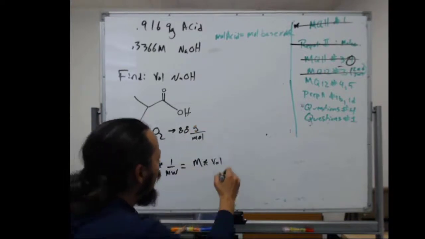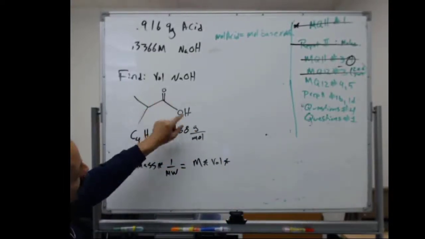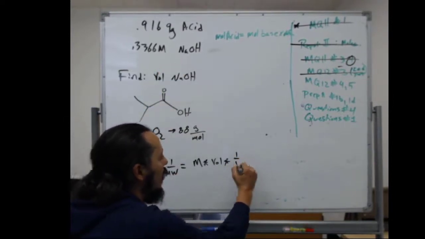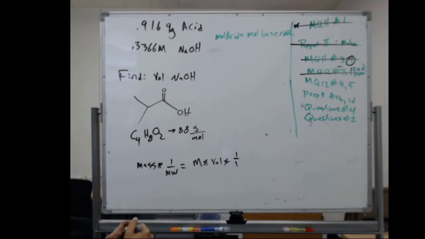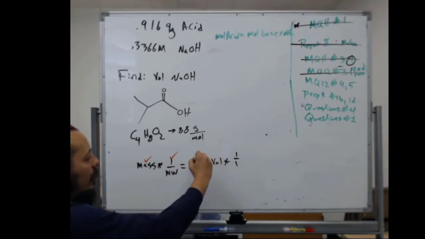And for my mole ratio, from the structure, I can see that this is a carboxylic acid. I'm going to have 1 acidic hydrogen to go with the hydroxide, 1-to-1 mole ratio. And after we've got this kind of conceptual thinking, we've got mass, we've got molecular weight, we've got molarity.